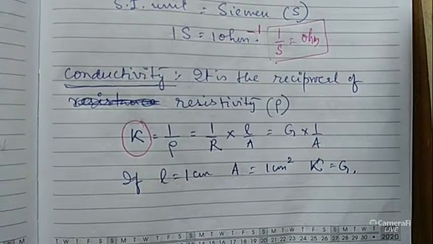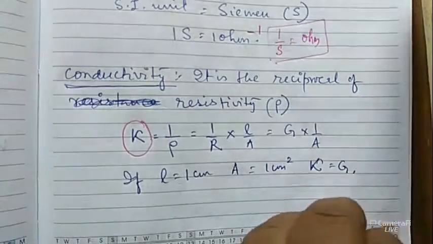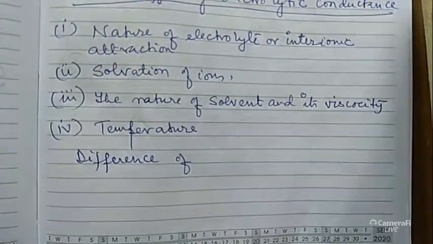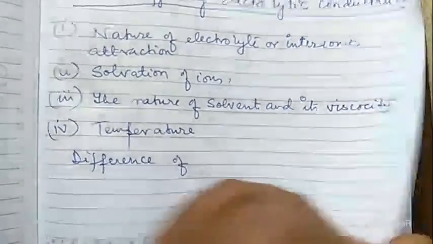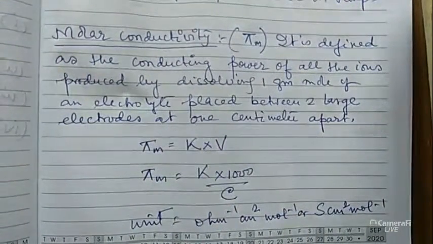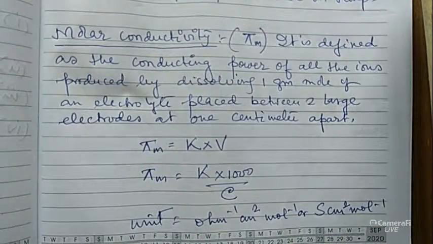We have discussed conductivity. We have discussed resistivity. Okay, all these things we have discussed. Then we discussed factors affecting metallic conductivity and also the factors affecting electrolytic conductance, right? Then we discussed the basic difference between metallic and electrolytic conductance. What is molar conductivity? All these points we have discussed.